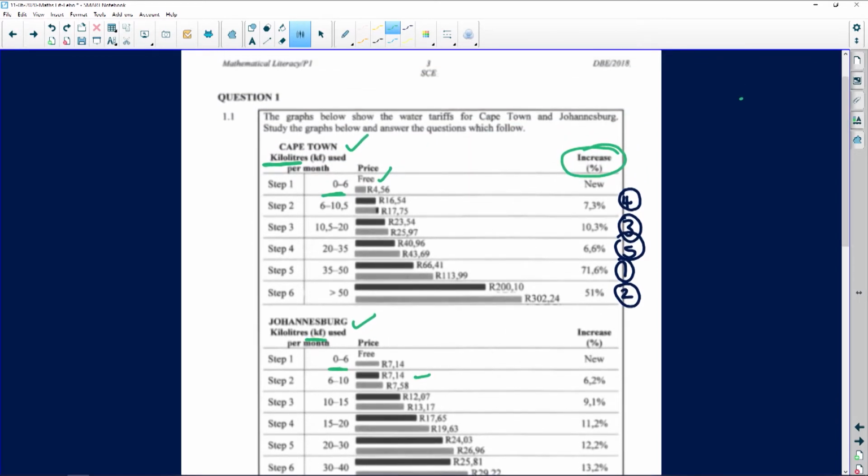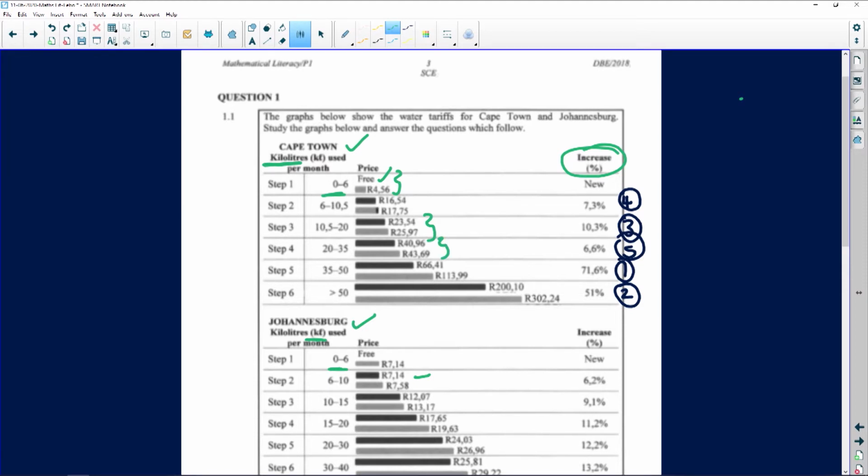So looking at it, this would be from 0 rands to 4 rand and 56. And the next one would be about 1 rand, if not a couple of cents in between. Here already I'm seeing a bit of a big one. And here I'm seeing a bit of a big one.